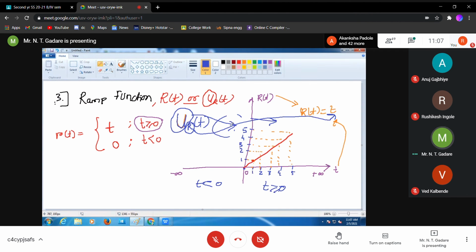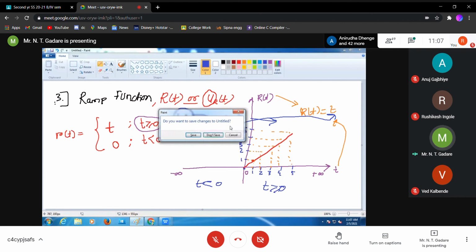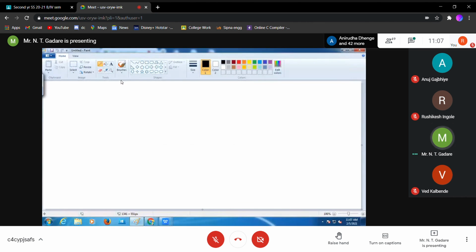If you have any questions based on this, we will discuss. So this is what, अभी इसमें थोड़ा सा कंपैरिजन फास्ट में बता देता हूँ एंड इसके बाद हम स्टार्ट करते हैं. तो सबसे पहले यूनिट स्टेप फंक्शन को मैं u of t से डिफाइन करता हूँ, इसको del of t से और इसको r of t से.